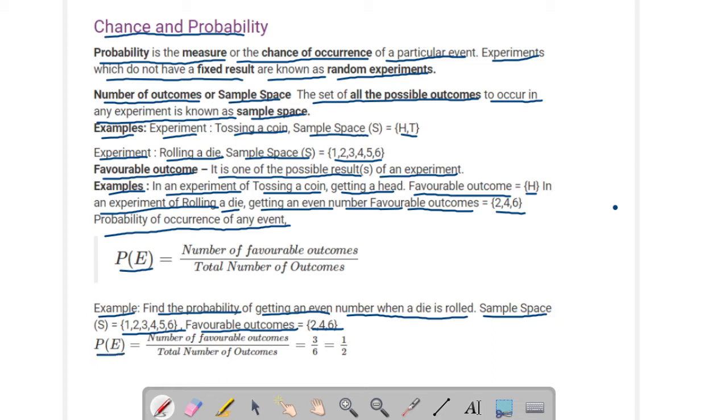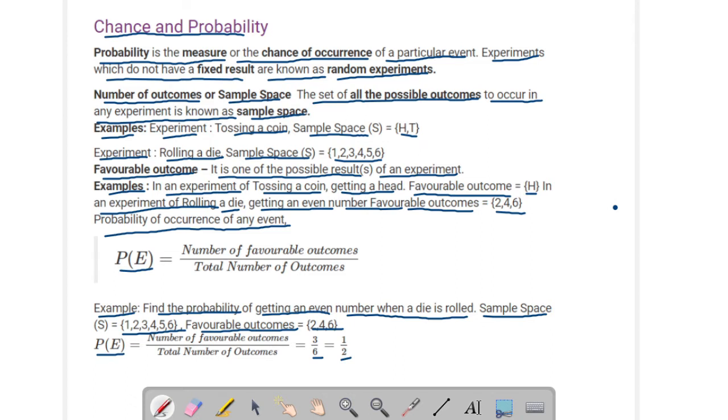Therefore the probability of this event is given by the number of favorable outcomes upon the total number of outcomes. Here the favorable outcomes are 2, 4 and 6. There are 3 numbers, so it is 3. And the possible outcomes are 6, that is 1, 2, 3, 4, 5, 6. So 3 upon 6, and if you simplify it, you will get 1 upon 2.